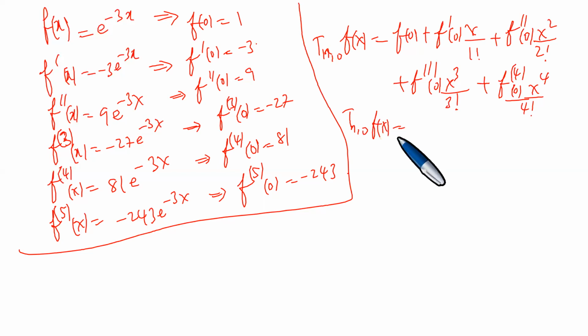What is f of 0? It is 1. F prime of 0 is minus 3.